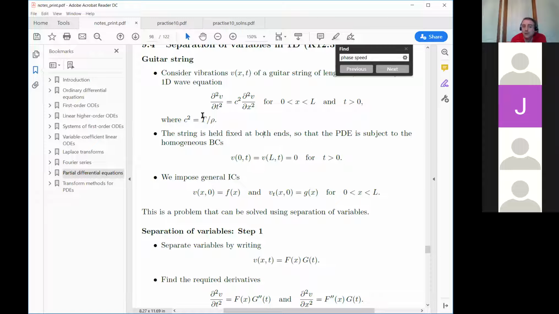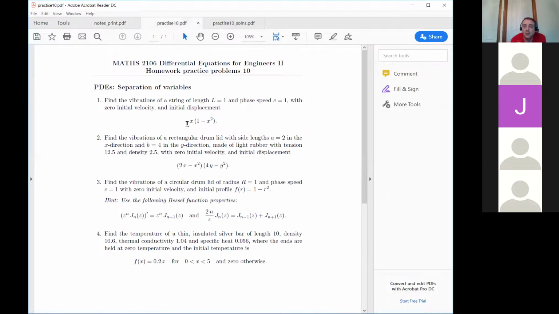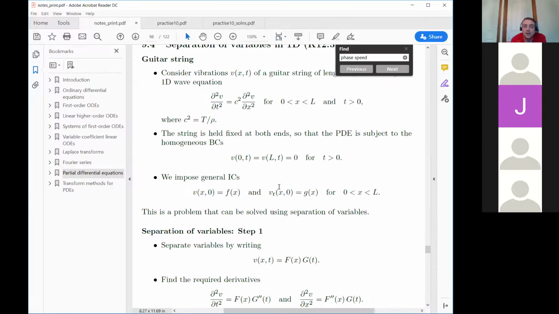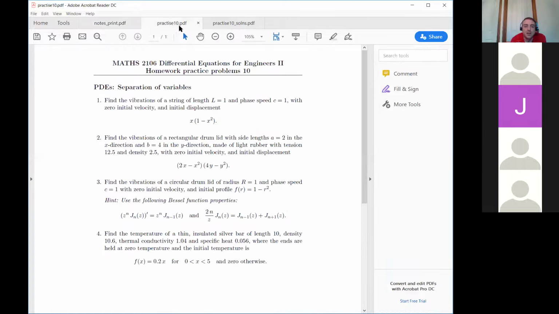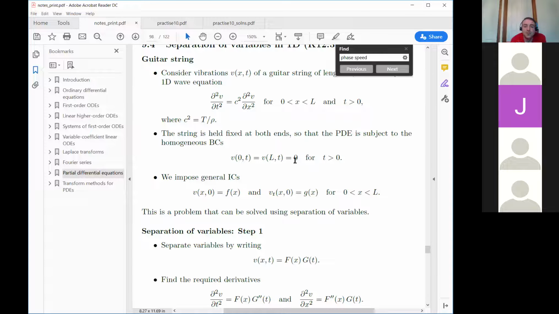So he's working on this equation specifically here, because that's why he's talked about the f of x and the g of x. And the f of x is the velocity of the string at time 0, which we've been given a formula for in our question, which was x times 1 minus x squared. And then the derivative of velocity with respect to t at time 0 is that g, and it's saying that its initial velocity is 0.